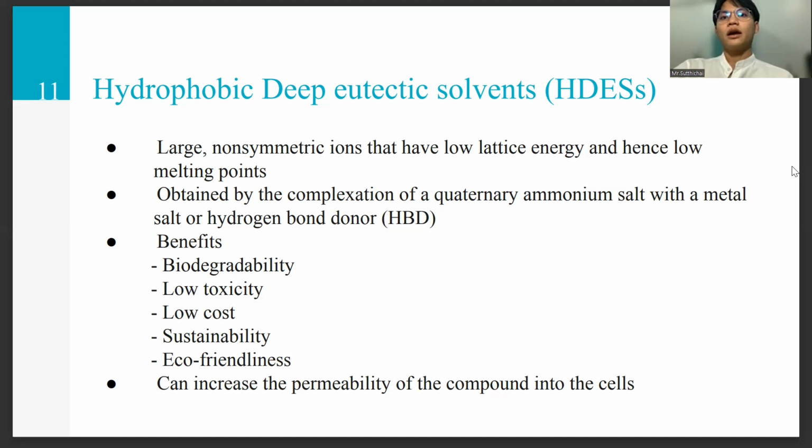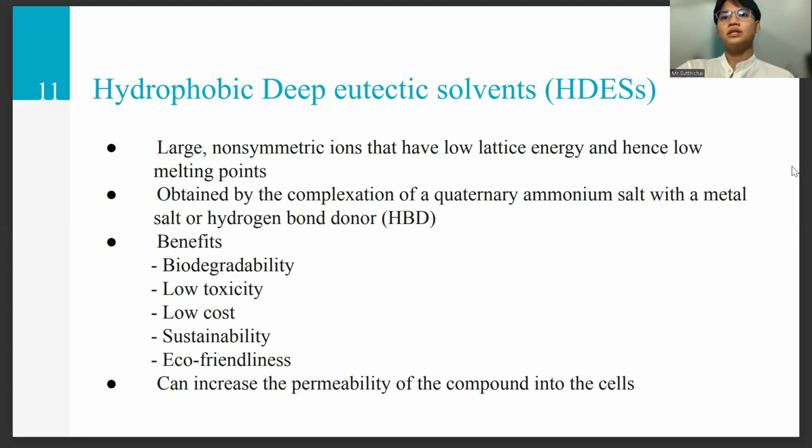Furthermore, HDES in microemulsion forms can increase the probability of compound entry into cells. HDES can be separated into two types, ionic and hydrophobic.